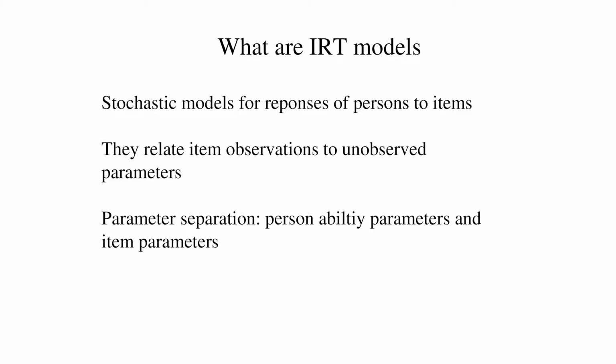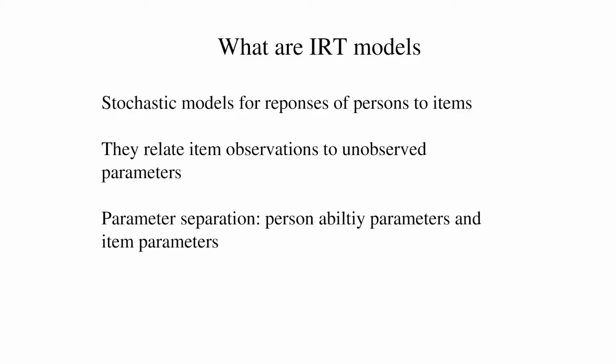Most of you, I understand, have already been acquainted with that. So they are stochastic models for responses of persons to items. They relate item observations to unobserved parameters, unobserved variables.